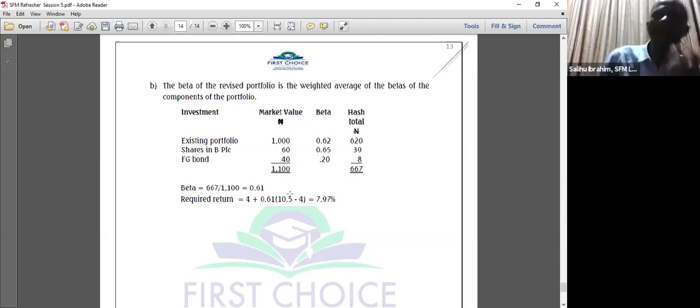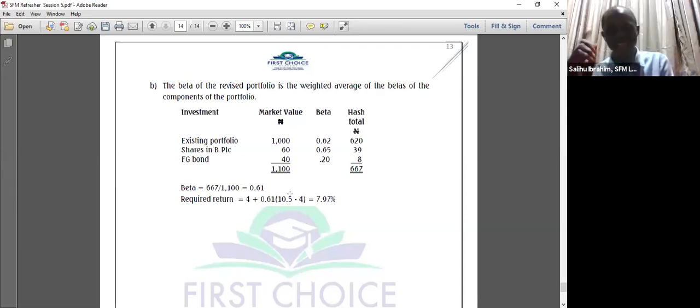Now, hold on. You see that the question asks you to state clearly any assumption that you have made in this question. Now look at the reason why the question states that. I want to compute the required return on the portfolio as a whole. Now, I need market return, isn't it?